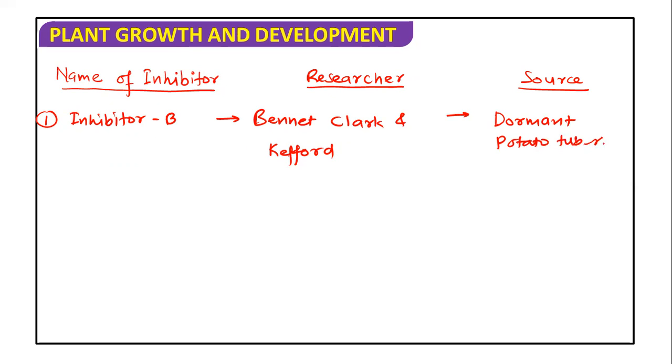So this was the first chemical discovered from the dormant potato tuber, that is inhibitor beta.